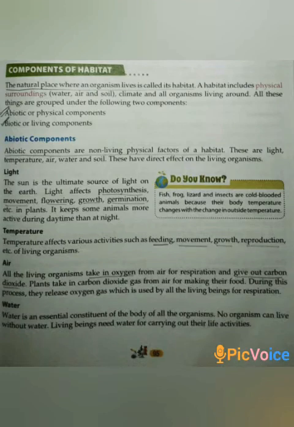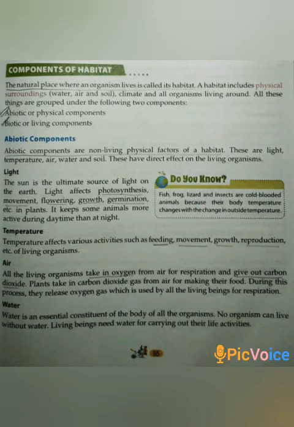All these things are grouped under the following two components: abiotic or physical components and biotic or living components. So children, physical components are known as abiotic and living components are known as biotic. Non-living are abiotic.